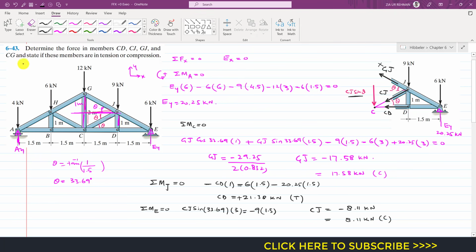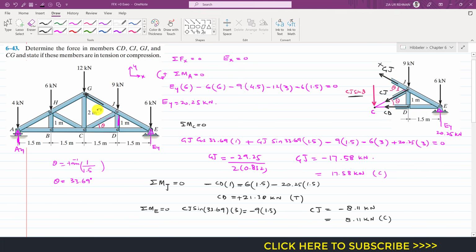Now to find this Cg member force, we will apply the method of sections at point G. So we will consider this point G for equilibrium. So this Gj member force we have determined is the compressive force, so now it will be acting towards the joint. So this is that Gj member force, and its magnitude is 17.58.